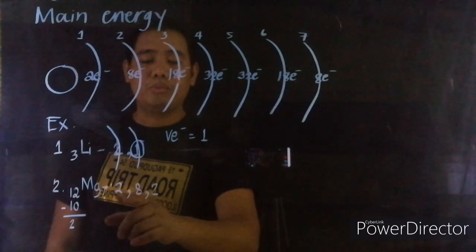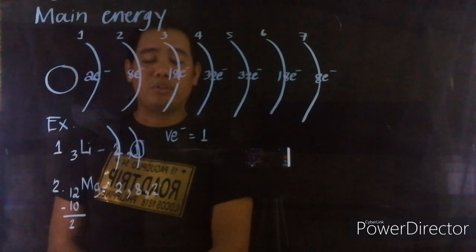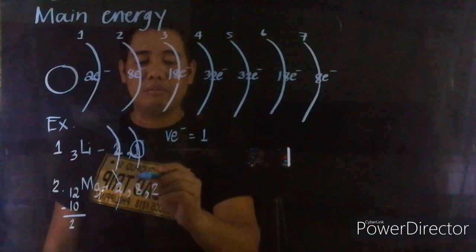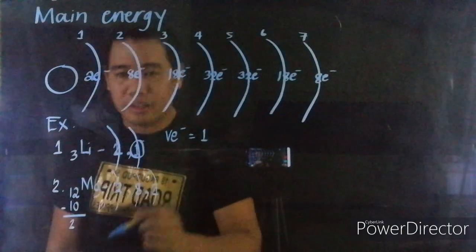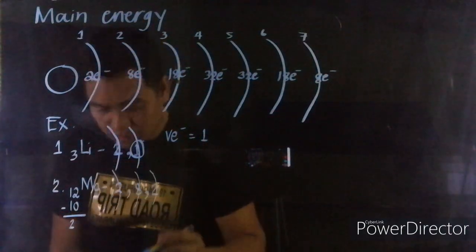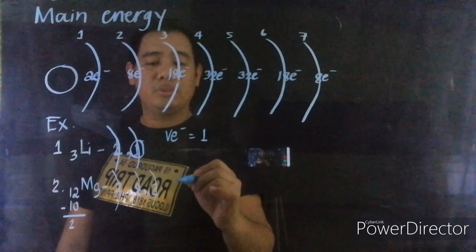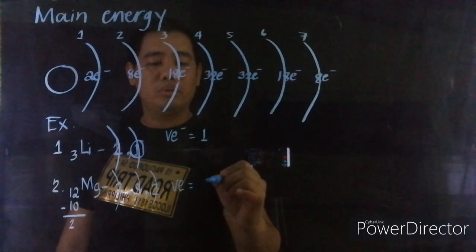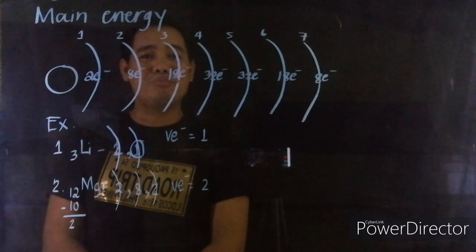So the total is 2 plus 8 plus 2, we have 12. So if we are going to determine the period number of magnesium, that is 3. Magnesium belongs to period 3 and group 2. So the valence electron is also equal to 2. So main energy level is very useful.